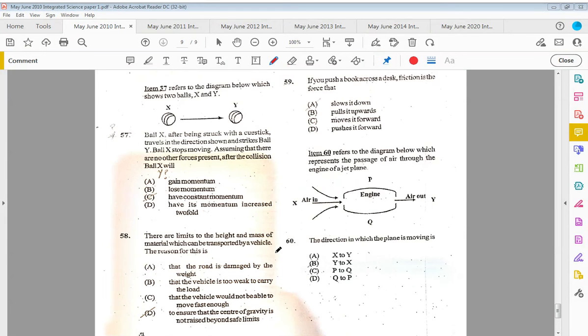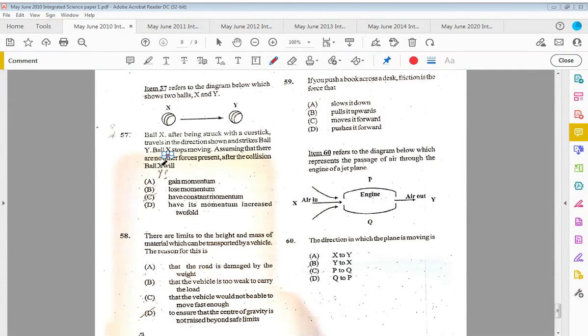Item 57 refers to the diagram below, which shows two balls, X and Y. Ball X, after being struck with a cue stick, travels in the direction shown and strikes ball Y. Now they say that ball X stops moving. I think that they made an error here because they already said that ball X stopped moving.